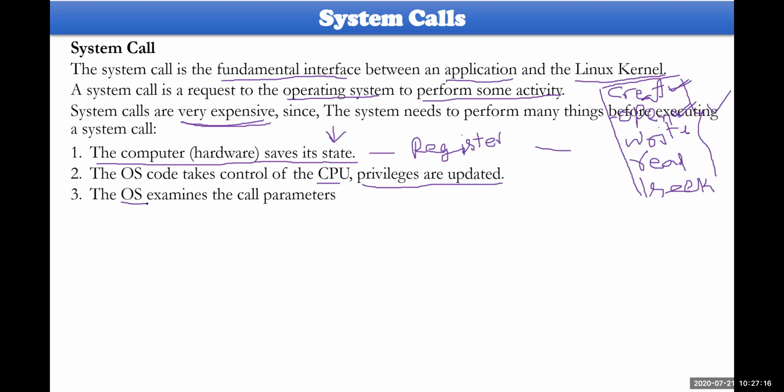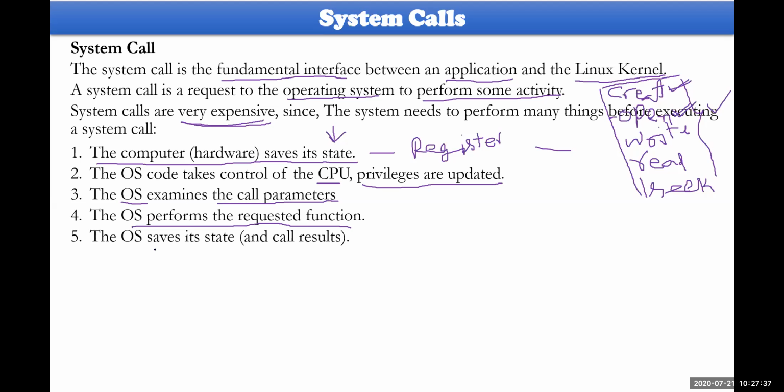If the call parameters are fine, it performs the requested operation, which you requested through the system call. Then the operating system saves the state, and the result is sent back to the user.